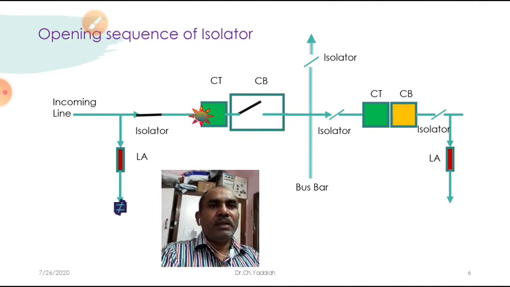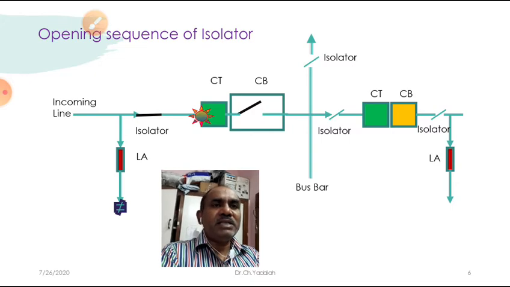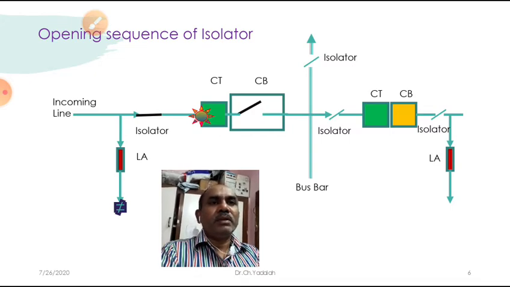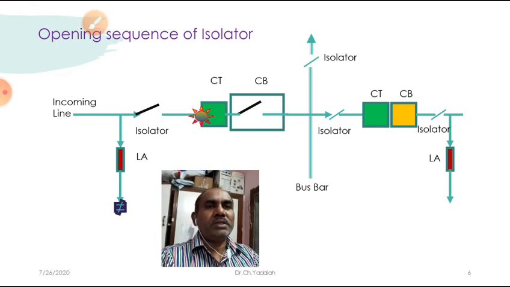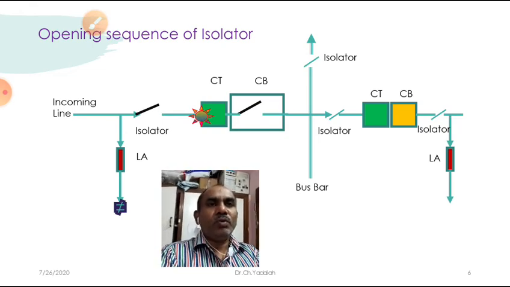Then whatever the current is stopped because the circuit is open, but the voltage exists. So, I cannot operate the mechanism in the CT. Then the CT should be isolated. Then under this line no current is flowing. Then I can operate the isolator. Then the isolator is operated. Now it is open.